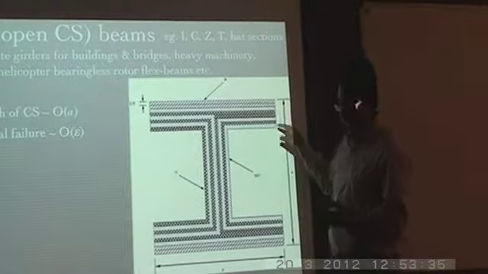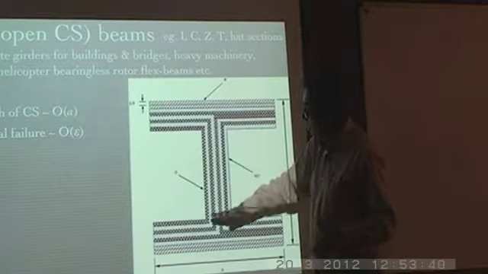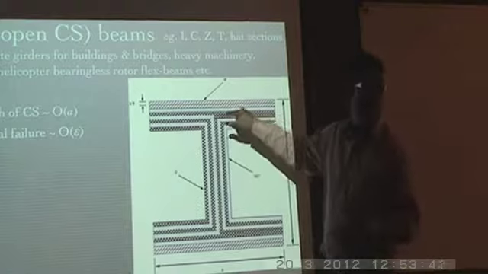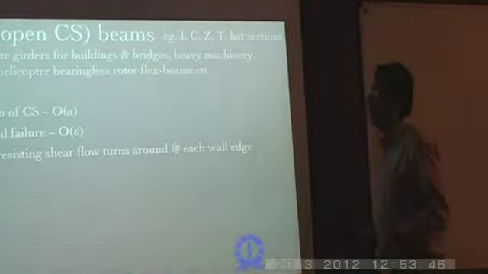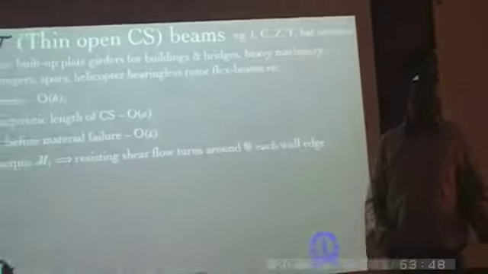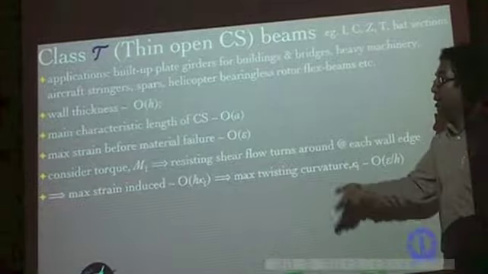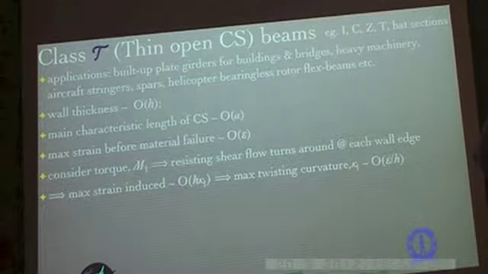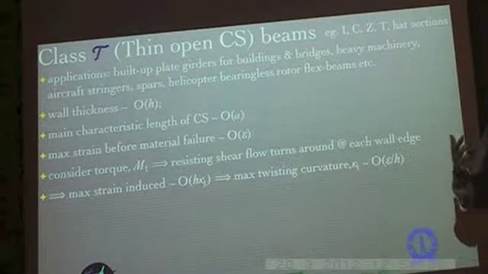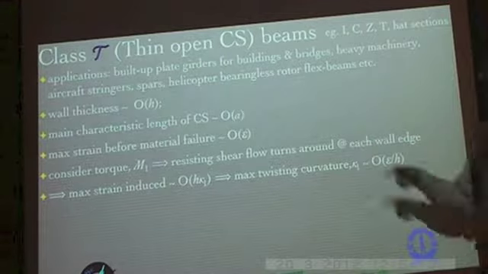Around the wall edges, either here or here, the shear flow is turning around. That's the effect we're talking about. So the resisting shear flow turns around at each wall edge, and this in turn implies that the maximum strain induced depends on that moment arm, and in terms of order of magnitude, that moment arm has to be of the wall thickness, which is h.